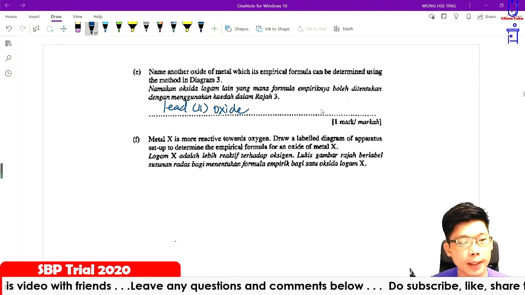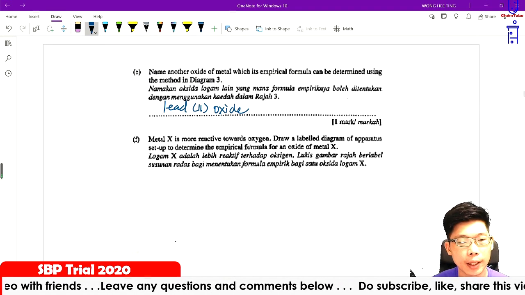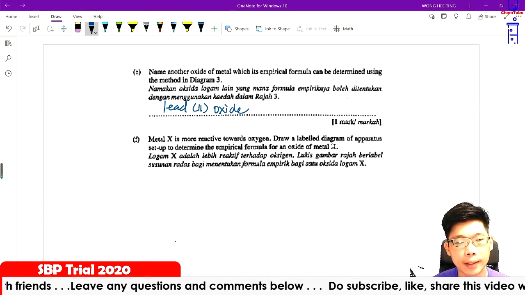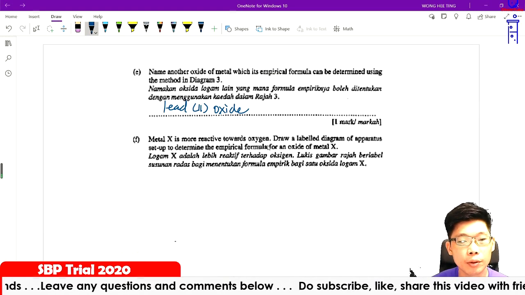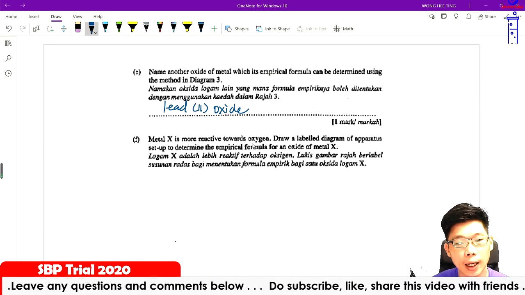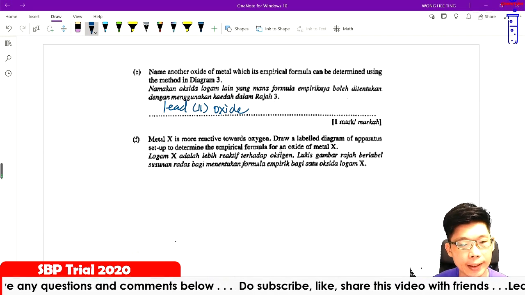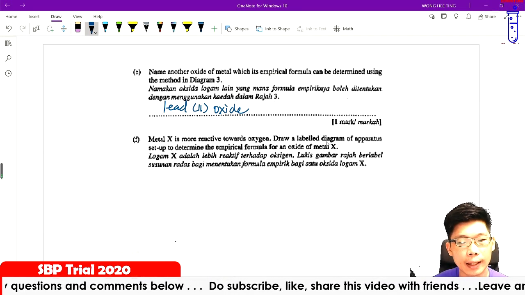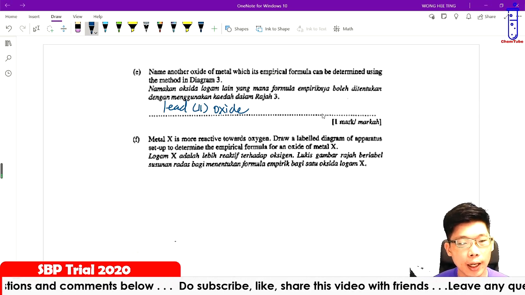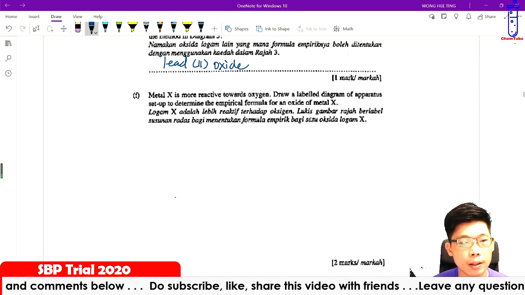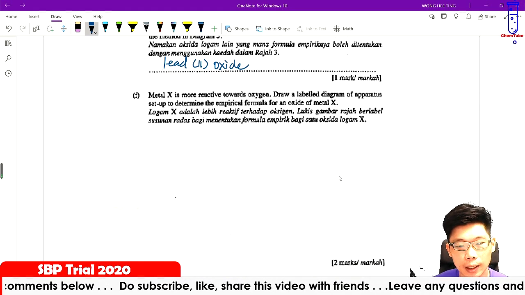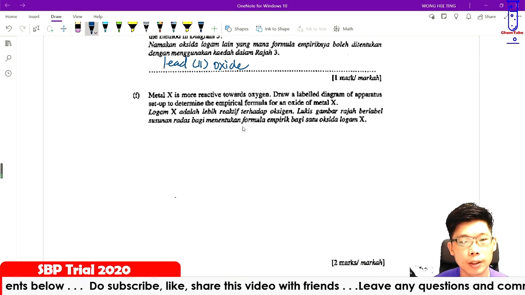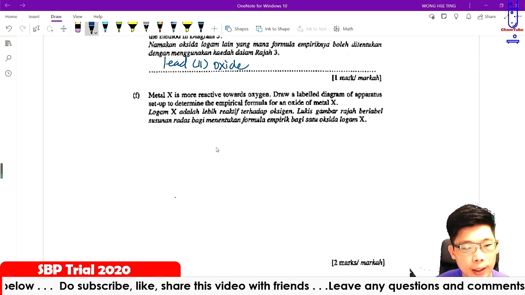Another one, a metal which is more reactive towards oxygen. Draw a labelled diagram. For the more reactive metal, we will use another apparatus to do the experiment. Here, the question asks you to draw the diagram. So it will be like this.